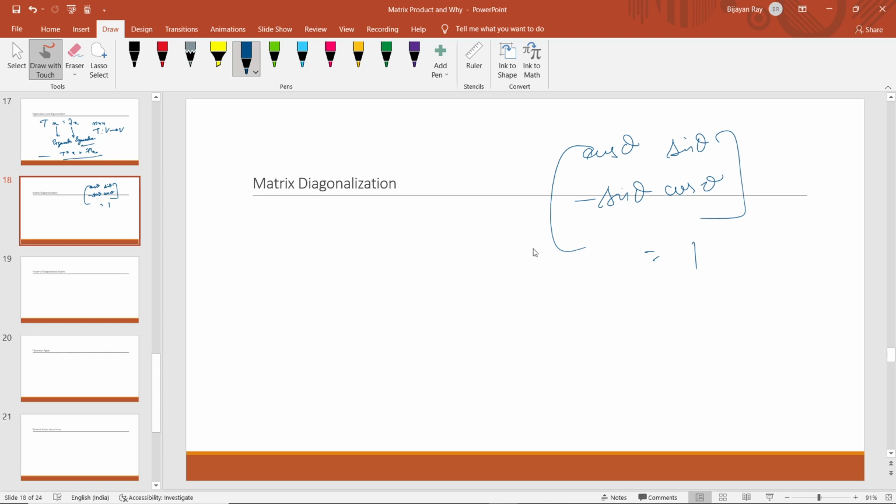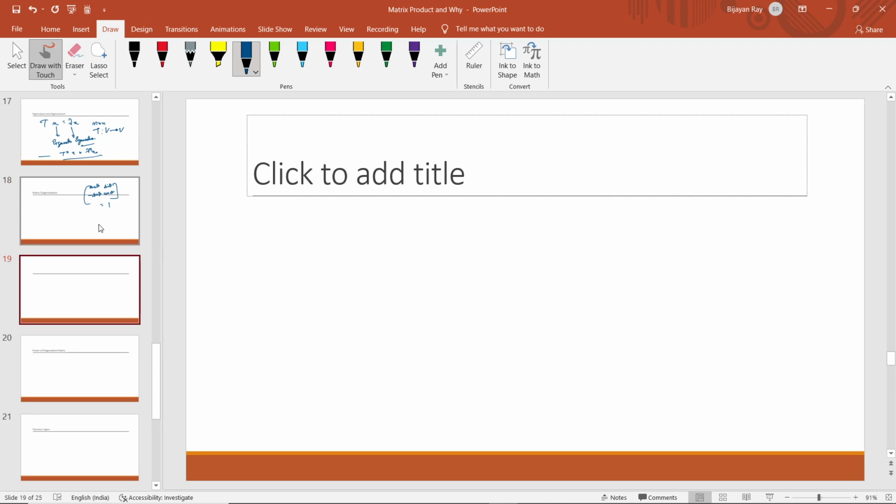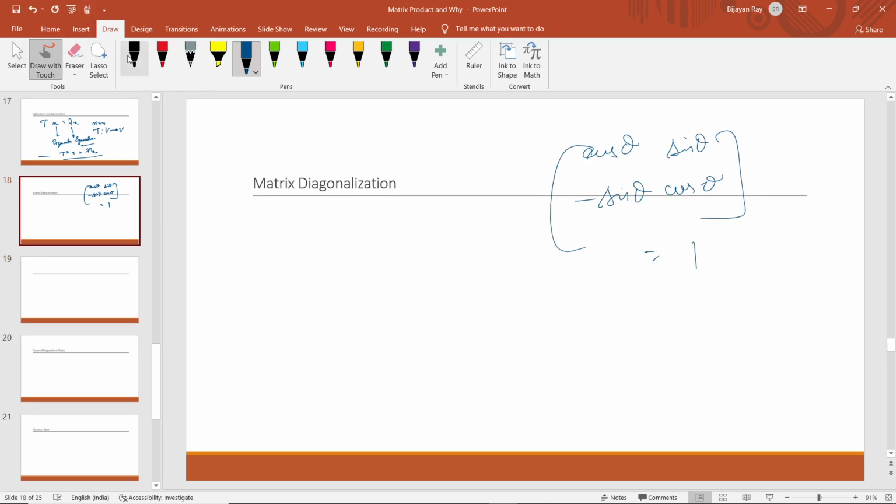I see. Okay, let's discuss this first then. To solve for the eigenvalues of this matrix, you have to take cos theta minus lambda along the diagonal and keep the sine theta and minus sine theta entries. We get the characteristic polynomial for this one.